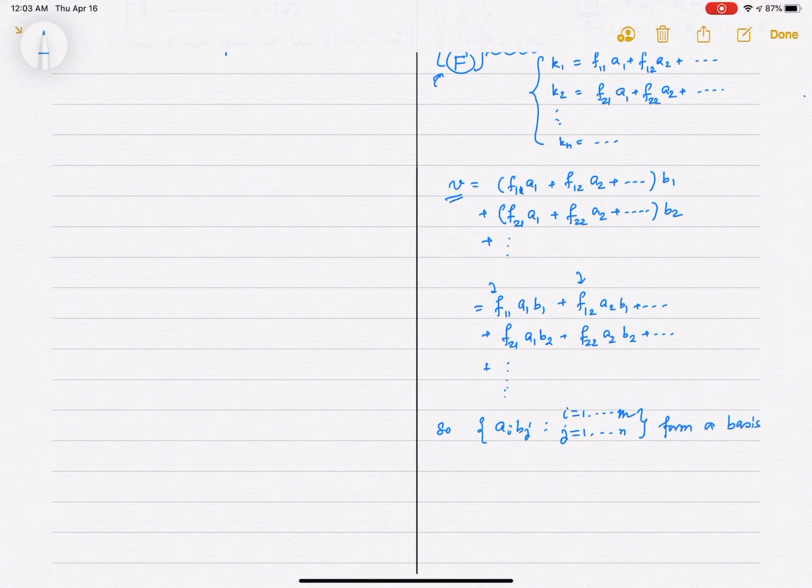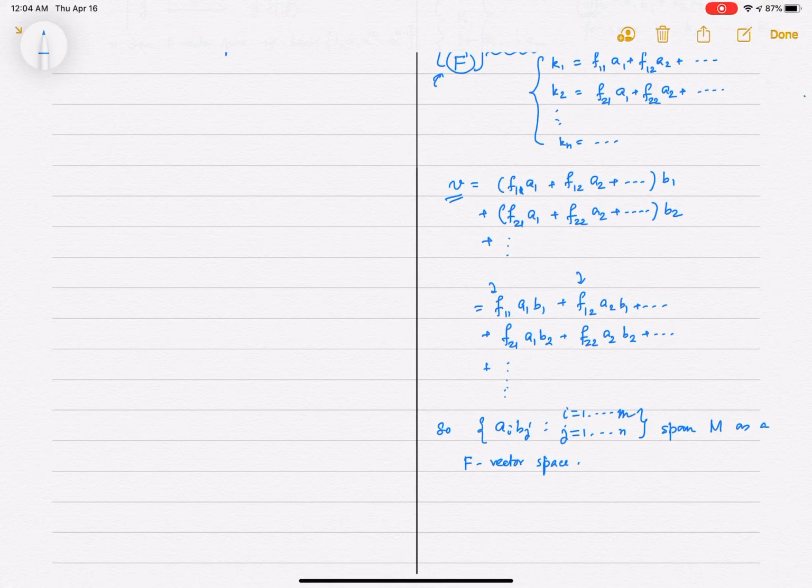Oh, I've only shown that they span M as an F vector space. Maybe that's all we'll write.